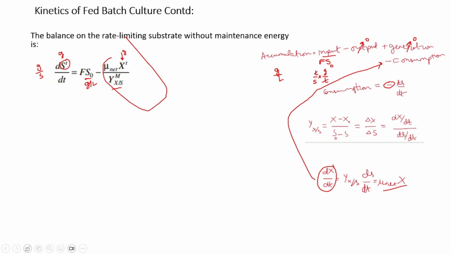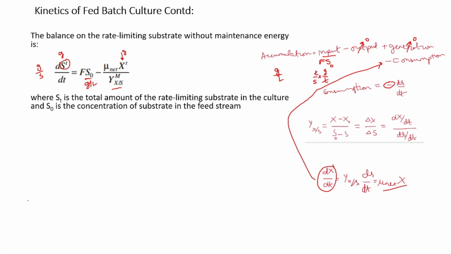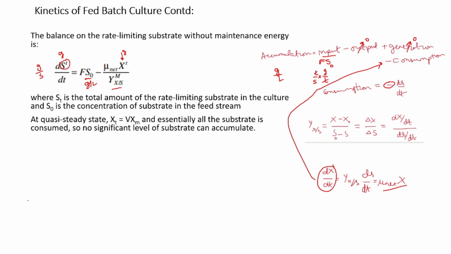Now let us see our next equations, how we are going to write relationships between them. S^T is the total amount of rate limiting substrate, and S0 is the initial substrate concentration in the feed stream. So at quasi steady state, this we have already seen, X^T, total amount of biomass, is given by volume of the fed batch culture multiplied by the maximum biomass concentration.